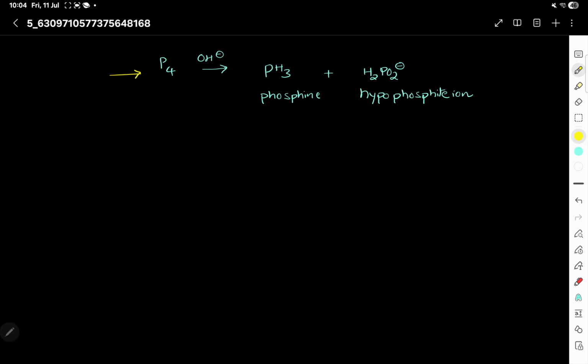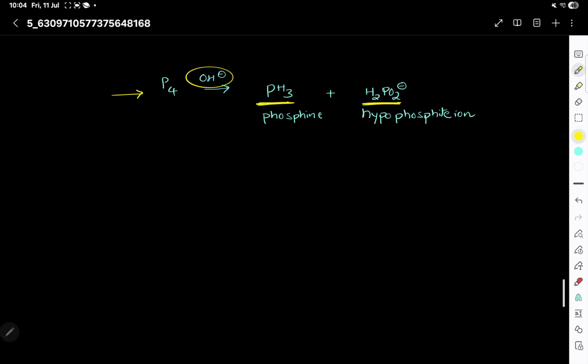Phosphorus reacts with base to form phosphine PH3 and sodium hypophosphite or potassium hypophosphite. If you take sodium hydroxide, you get sodium hypophosphite. If you take potassium hydroxide, you get potassium hypophosphite. This is the equation.